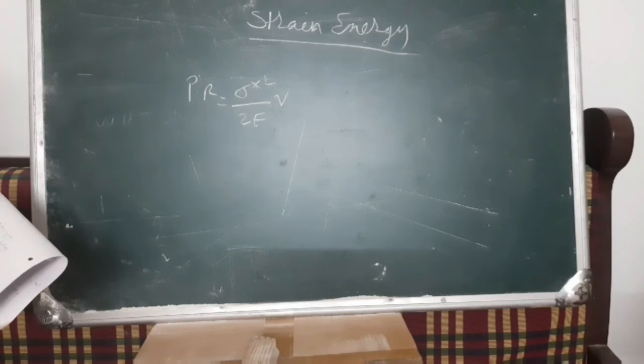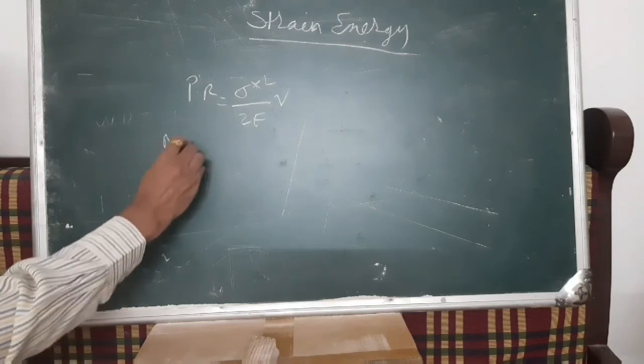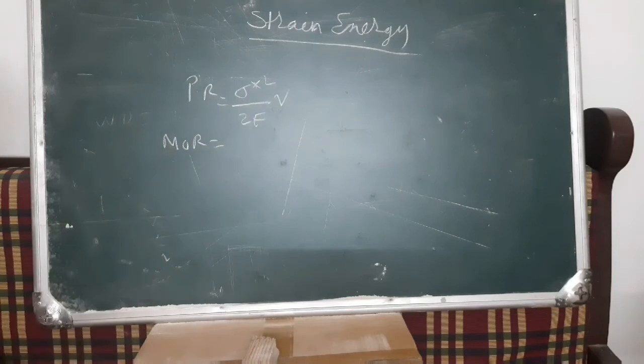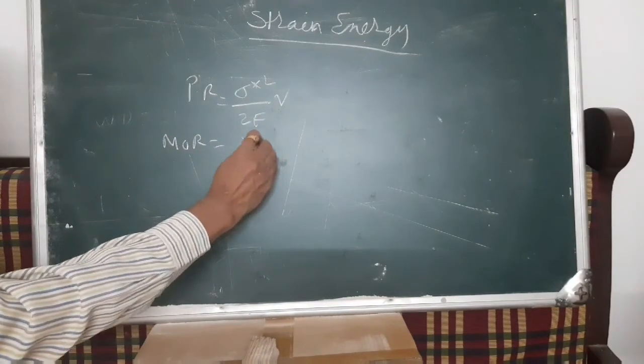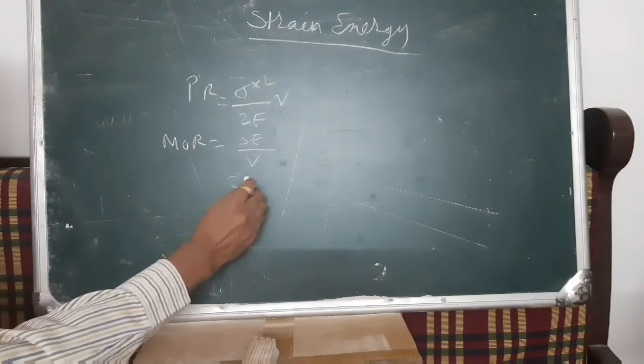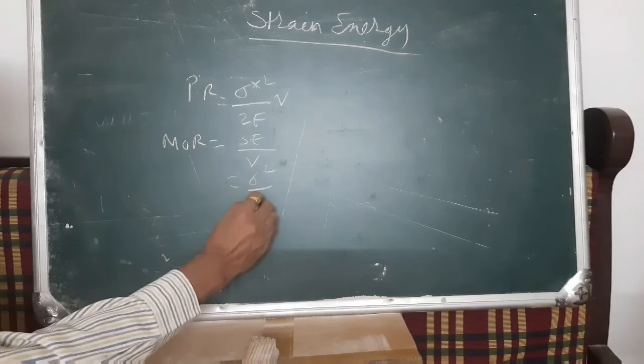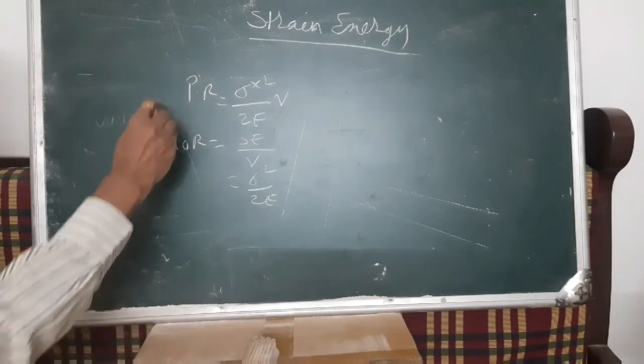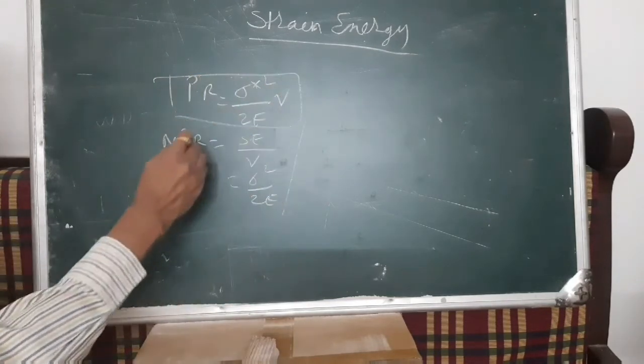Similarly, the modulus of resilience is the strain energy per unit volume, so it will be sigma square by 2E. So these are the two general equations for the gradually applied load.